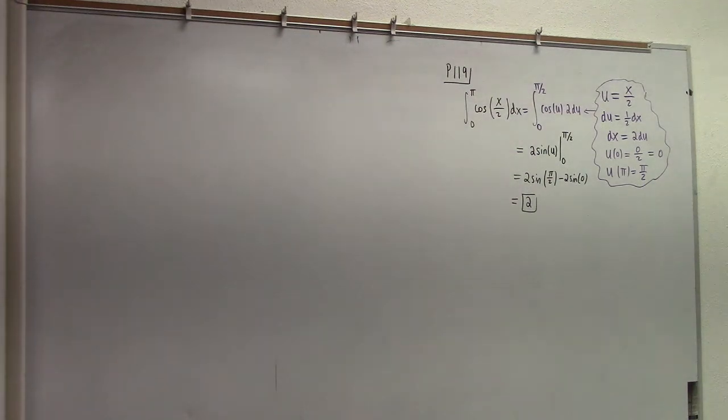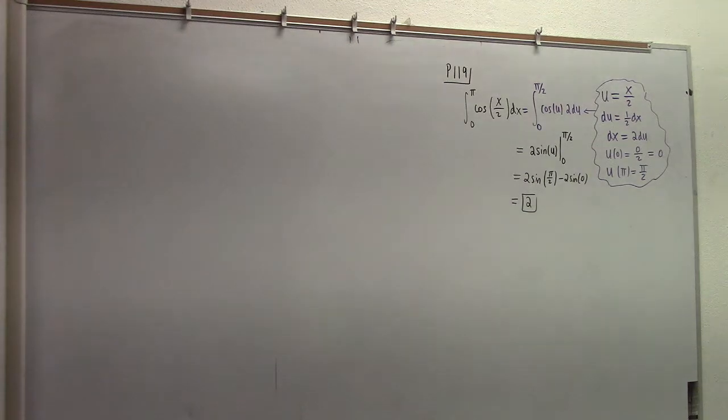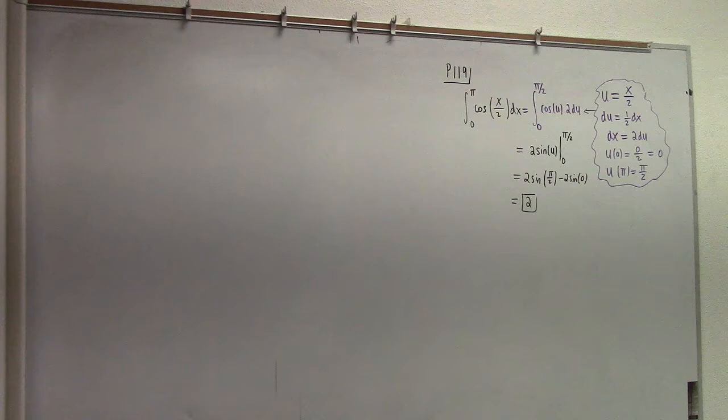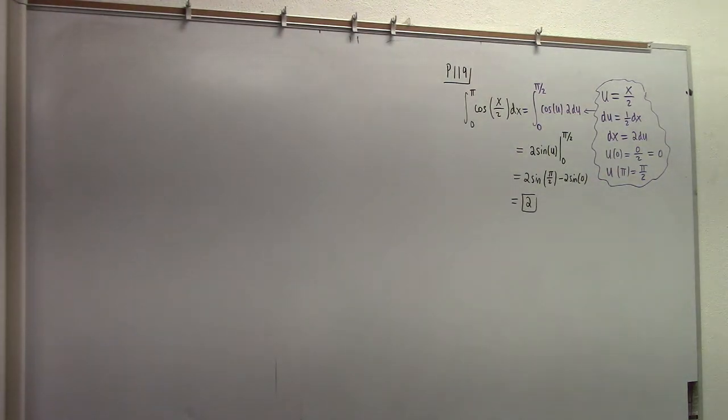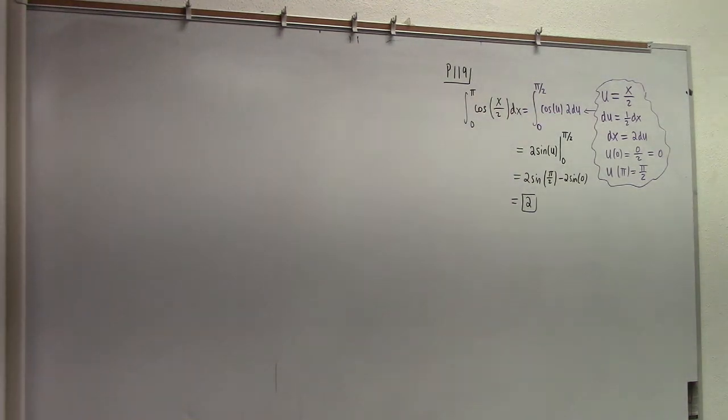The rate at which dogs bark in a given apartment, dB/dt, is 10 sine of pi t over 4. Problem 121. Okay, sure. We can talk about that one.